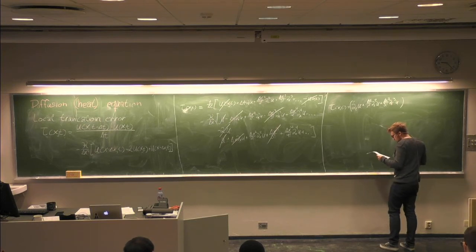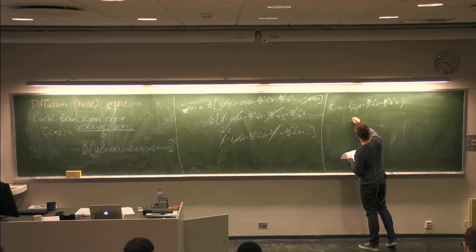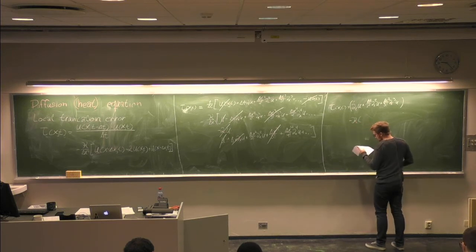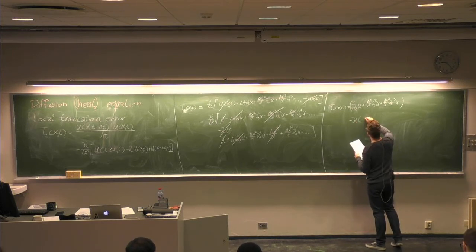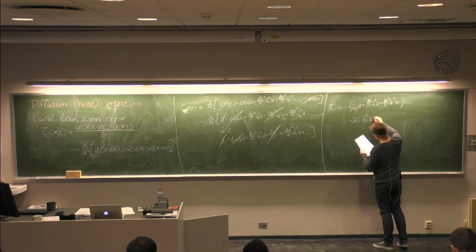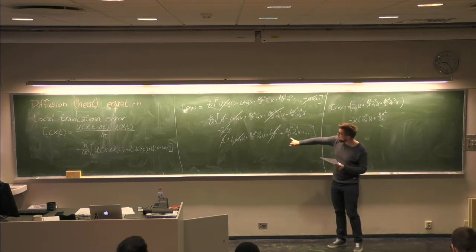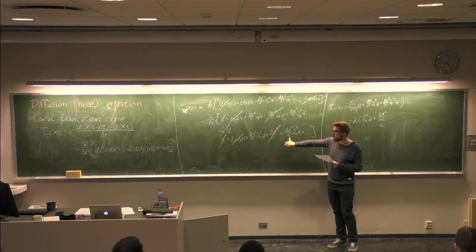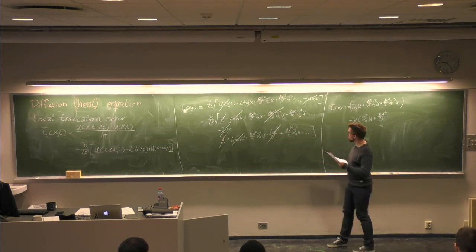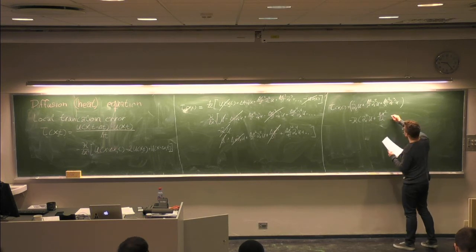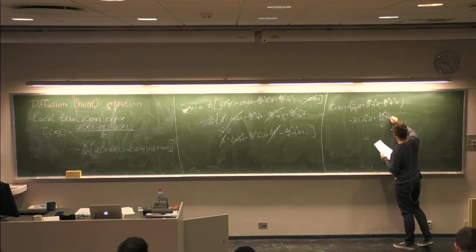So that's the first one, and then the next one we will have minus this kappa dx squared u plus delta x squared over 12, because 4 factorial is 24, but we have 2 of them, so 12, dx to the fourth of u.